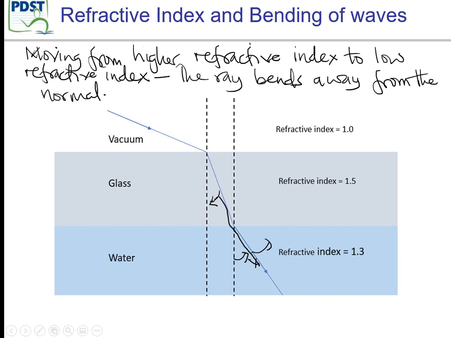So the difference between the refractive indexes or indices of the two mediums you are dealing with will determine how the ray is going to bend. Is it going to bend towards the normal line, or is it going to bend away from the normal line? So let's take note of that.